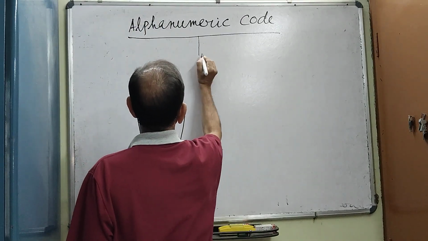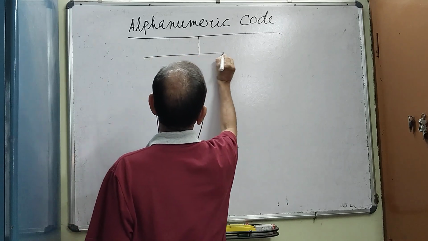Basically, three types of alphanumeric code.